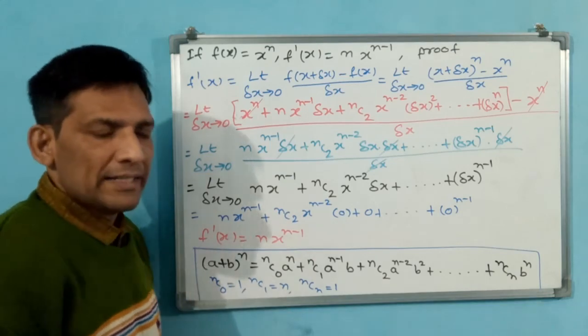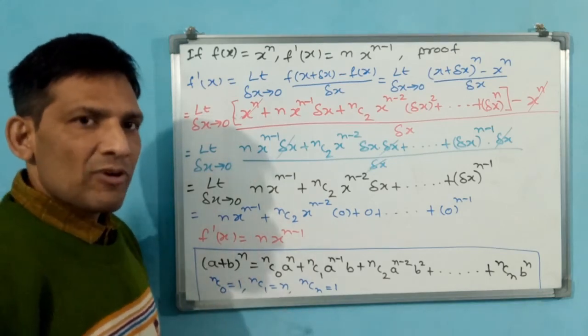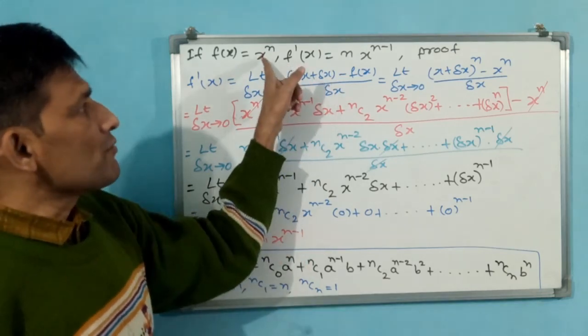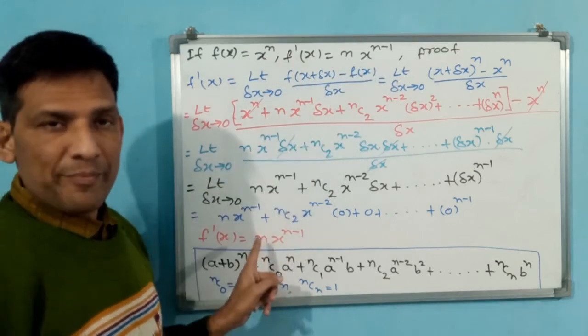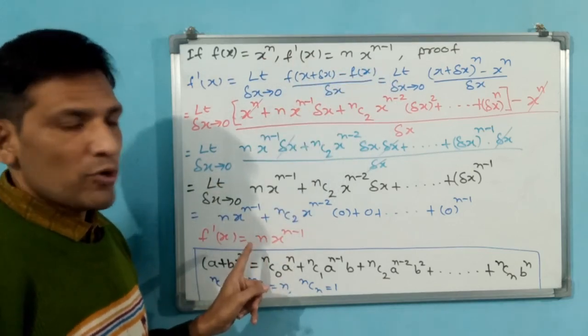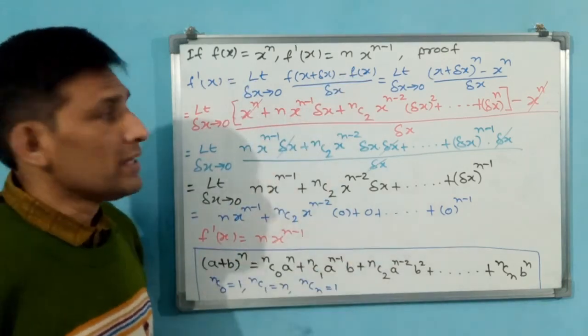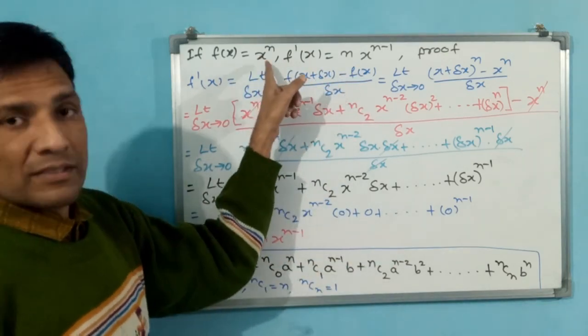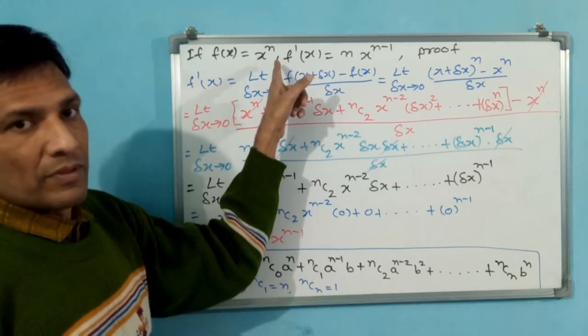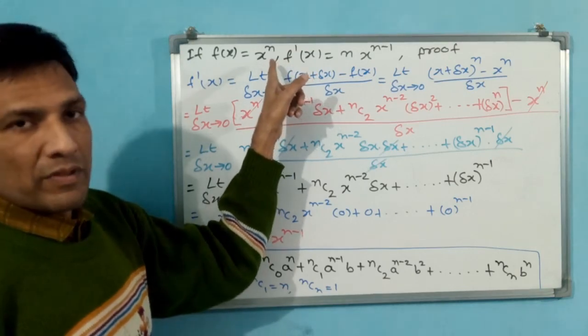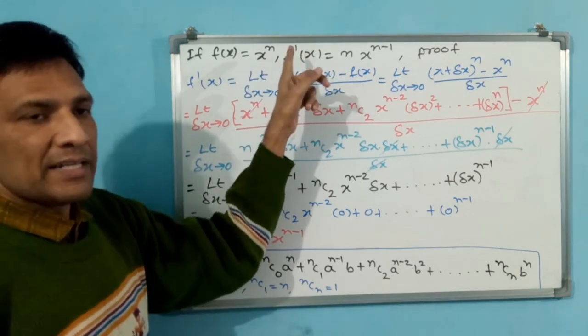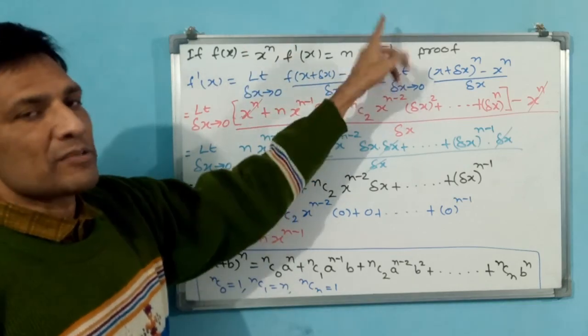We have proved it. From the next class onwards, whenever any derivative comes, we will directly apply this formula. We don't do this process of f of x plus delta x again for the remaining ones. Directly as per the formula: if f of x is equal to x power n, f dash x is equal to n into x power n minus 1.